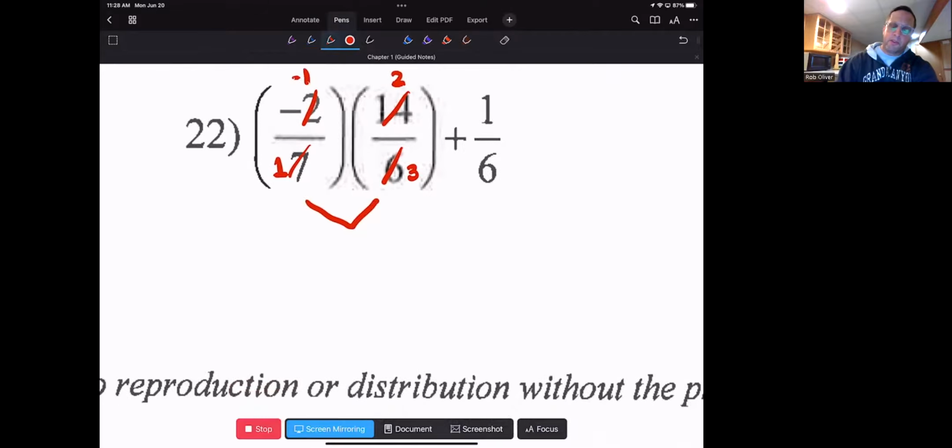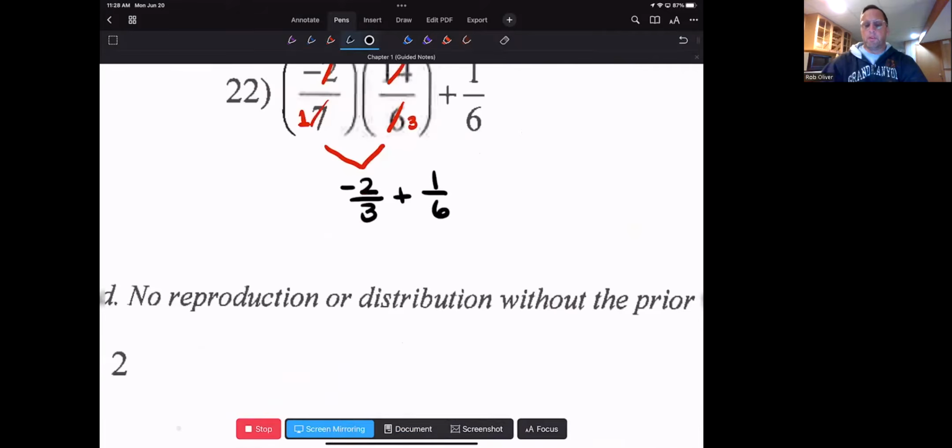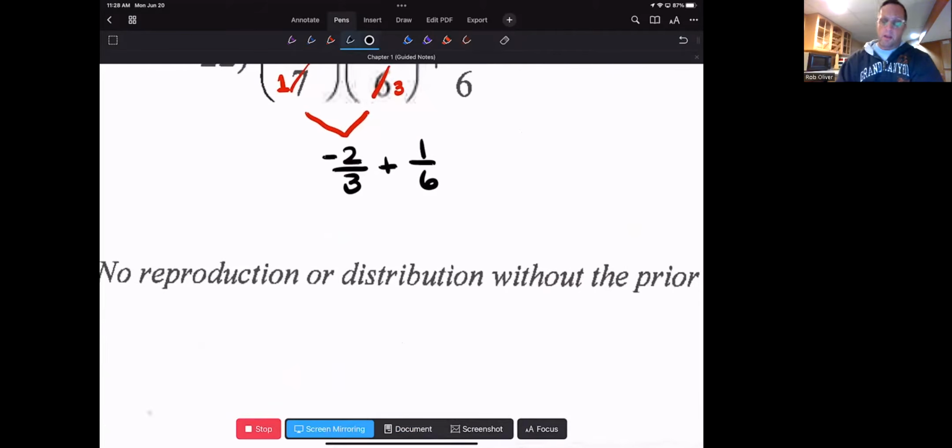So I'm going to work that out. And so when we do that, we get -2 thirds plus 1/6. And then you want to find the LCD. The LCD is 6, and 3 times 2 is 6.